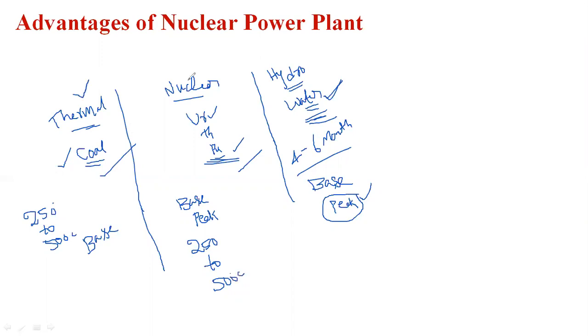The thermal power plant and nuclear power plant have a similar working principle. Both work on the principle of the Rankine cycle, for closed loop operation.